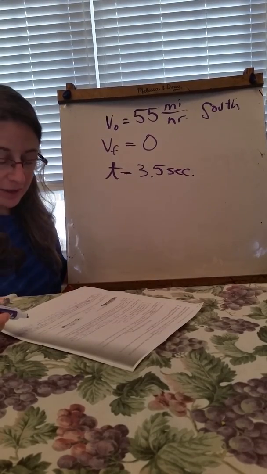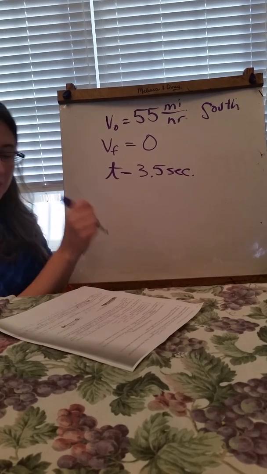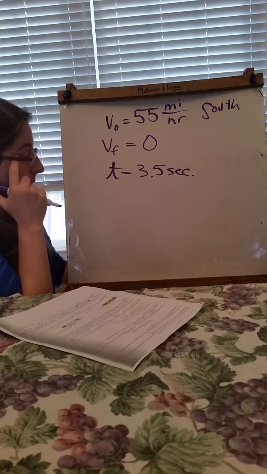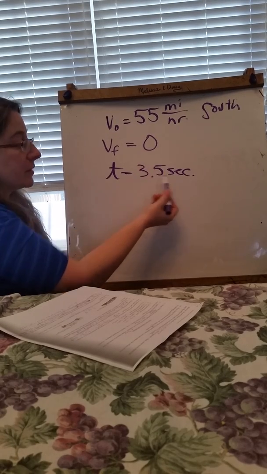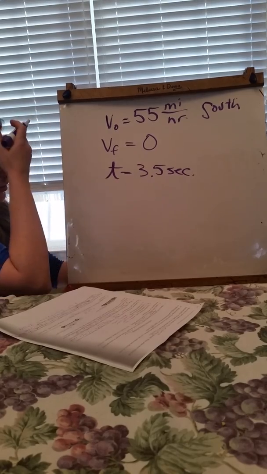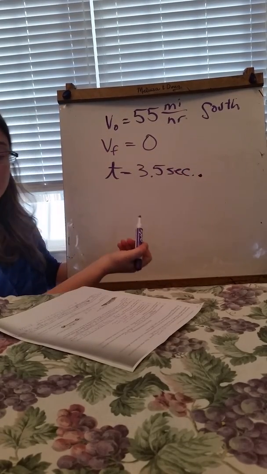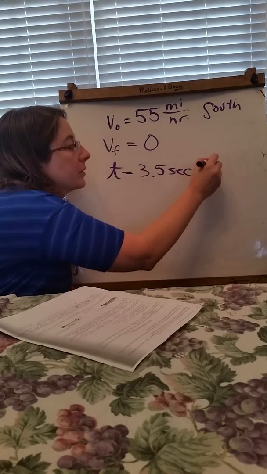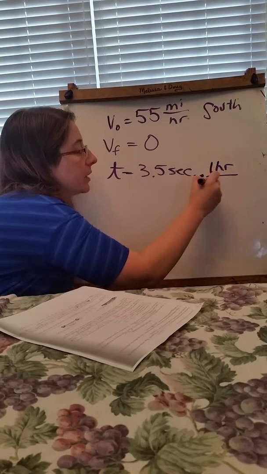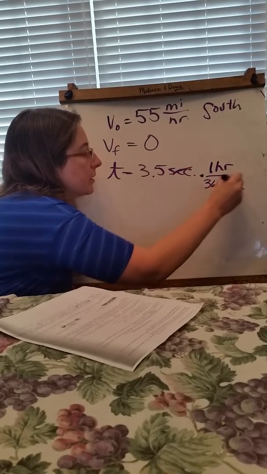So it tells you, luckily, that 1 hour is 3,600 seconds. So you want to get miles per hour squared, which means we have to convert 3.5 seconds to hours. So we use that conversion factor it just gave us. 1 hour is 3,600 seconds. We want to get hours, we want to cancel out seconds here.